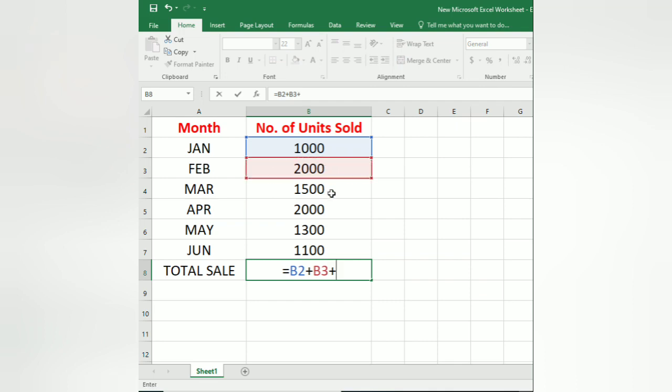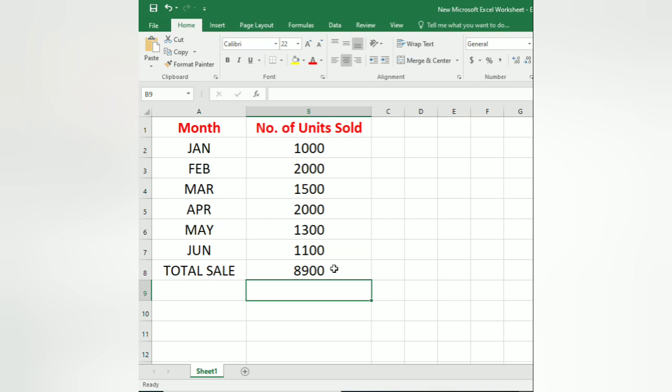Then insert the plus symbol. Then again the next cell B4. Then insert the addition operator. Then similarly choose the next one, B6. Then after inserting B7, press the enter key. So the sum of those values is visible in the cell B8. You can see the formula also in the formula bar.